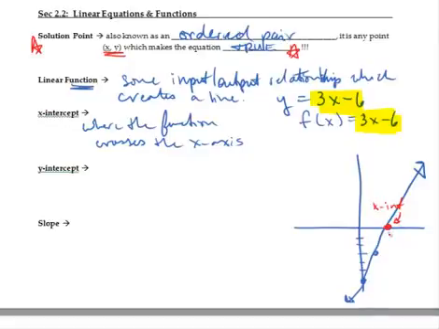And the thing about an x-intercept is that it's always going to have some form of x. We don't know what the x is maybe, but then it's always going to be 0 for your y. Think about this. Any dot on this line, any dot on this x-axis all the way across, y is always going to be 0. So it's also very important we note here that the x-intercept is when y equals 0.